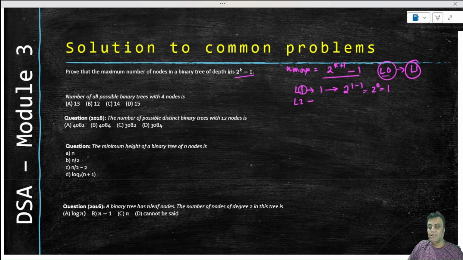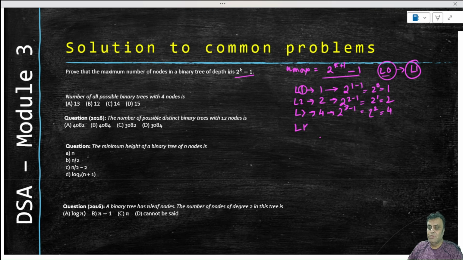At the L2 layer, I can get 2 nodes, right? Which is basically equal to 2 to the power 2 minus 1, which is 2 to the power 1, which is equal to 2. And at the L3 layer, I will get 4 nodes, which is equal to 2 to the power 3 minus 1, which stands for 2 to the power 2, and that would become 4, right? So that's how we are actually getting this storyline.